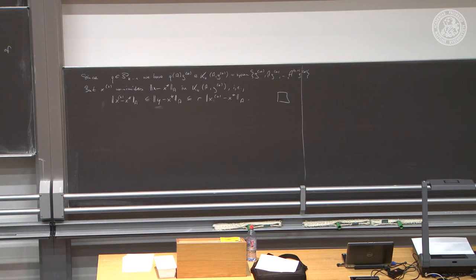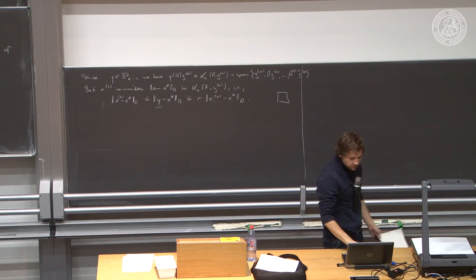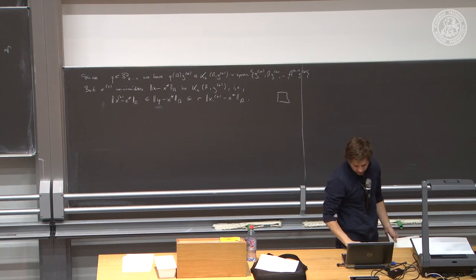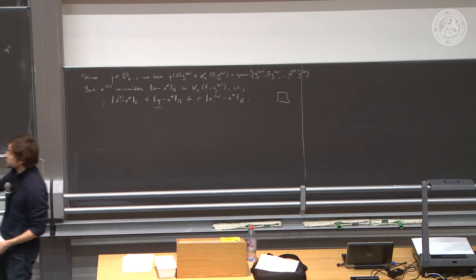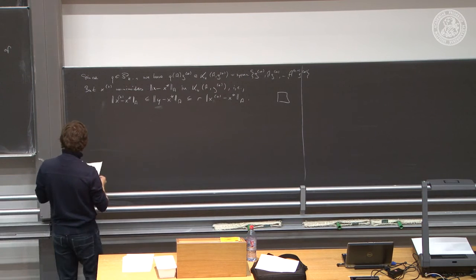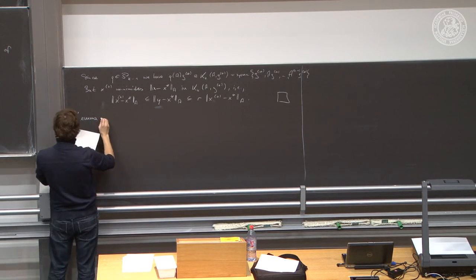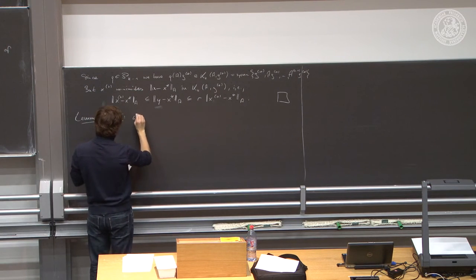Okay? So, and now to obtain our convergence rate, the challenge is to find suitable polynomials that satisfy these assumptions we have made in this theorem. For this, we look at the following functions.